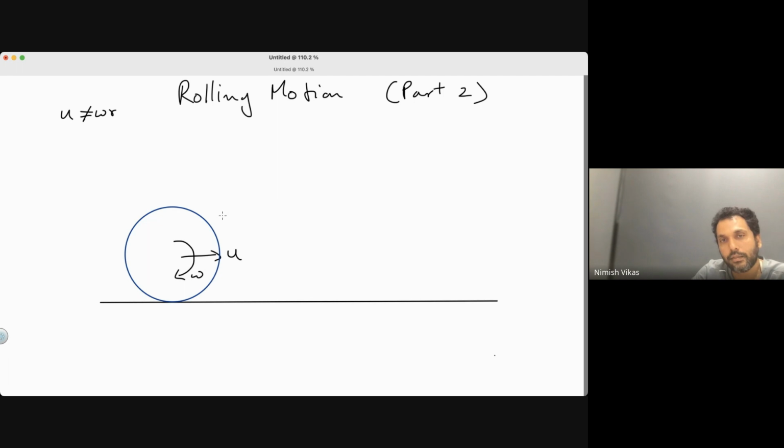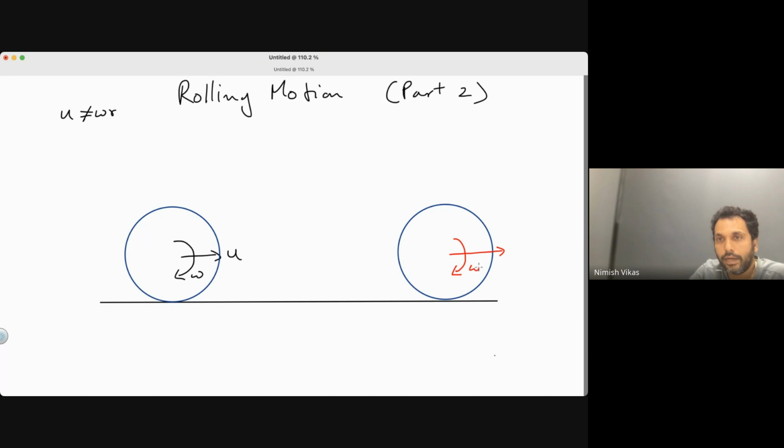Now in this class, to solve the question that after some time when friction has kicked in and it has helped us to achieve pure rolling, after a while the body is having a nice V and a nice omega.